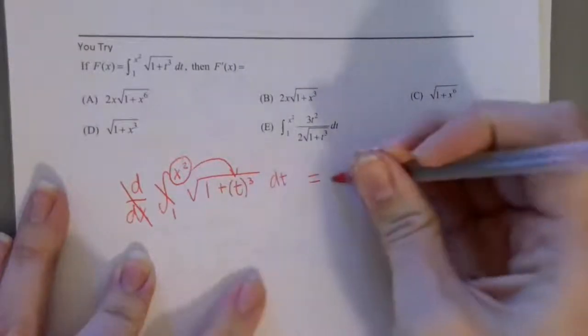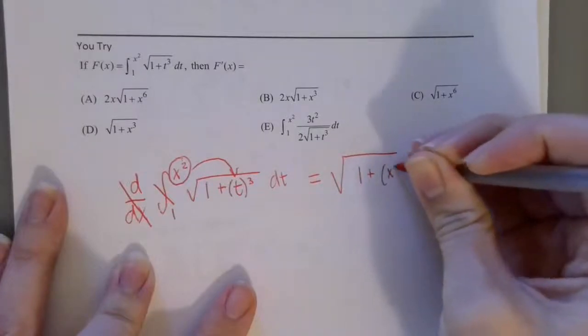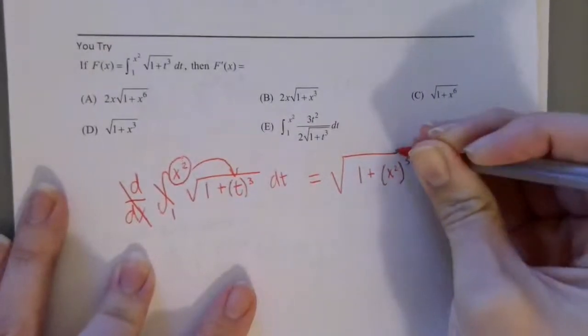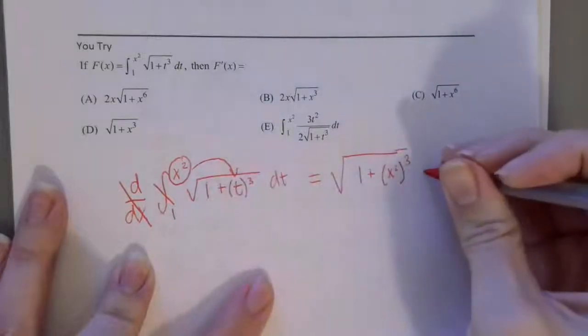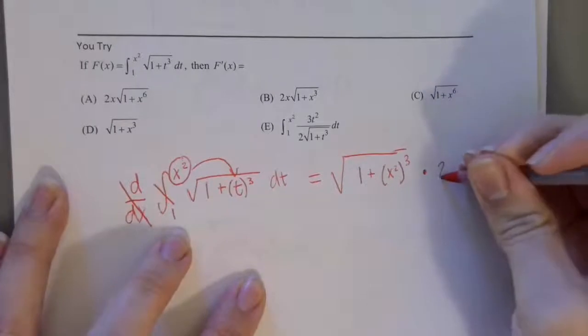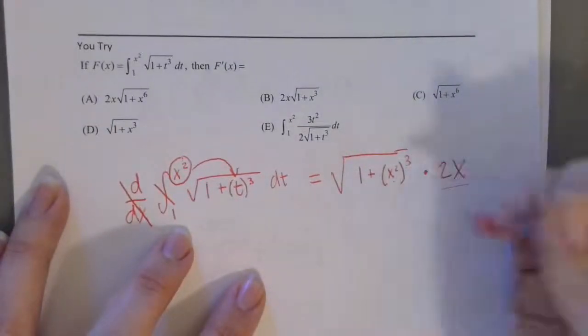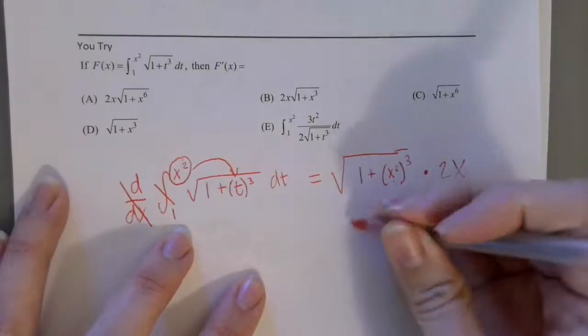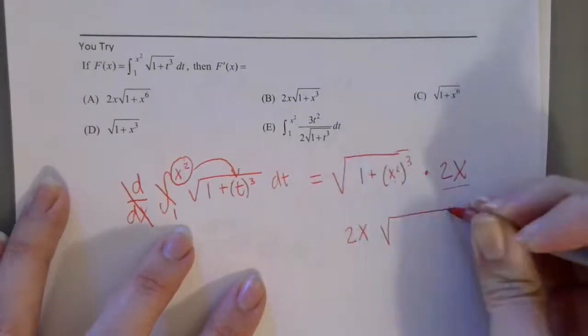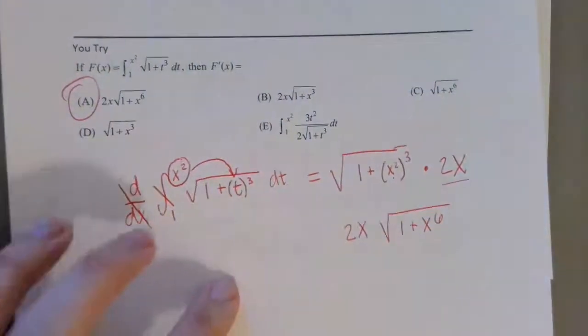So we're going to get the square root of 1 plus, now it's not t anymore, it's x squared cubed. But this is a chain rule. I have to do times the derivative of x squared, which is 2x. Okay, so that should help me find my answer. I've got this 2x here, and x squared cubed is going to be x to the 6th power. So I'm going to have 2x root 1 plus x to the 6th, and that is letter A.